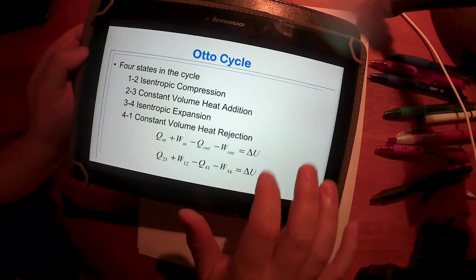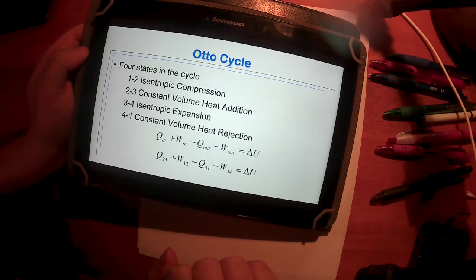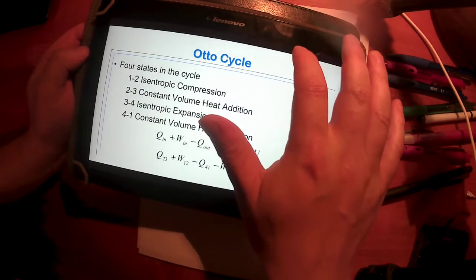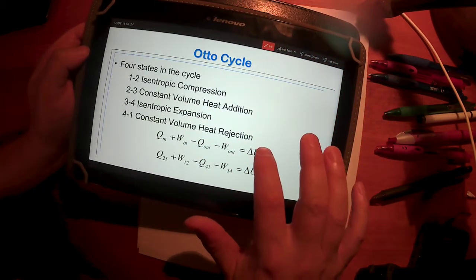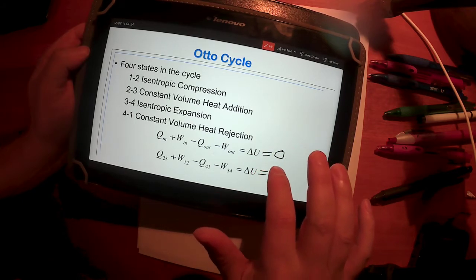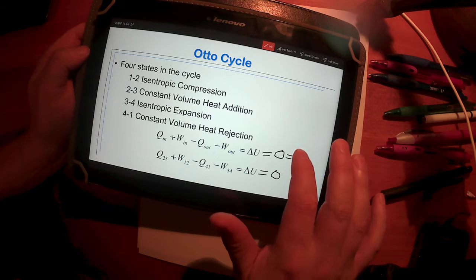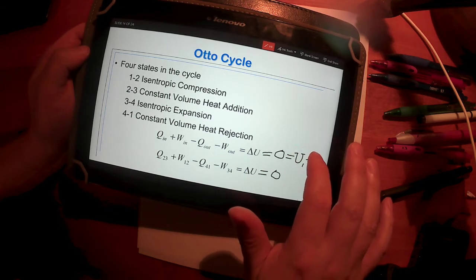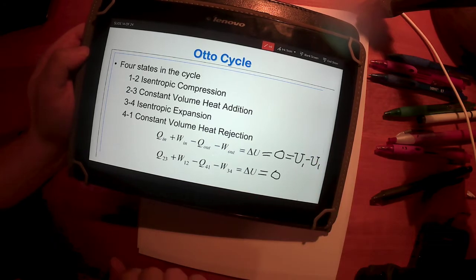That's equal to the change in the internal energy of the gas, the air within the cylinder. And I think I've got, because it's a cycle, it returns back to its initial state. This is U1 minus U1, because it's a cycle.